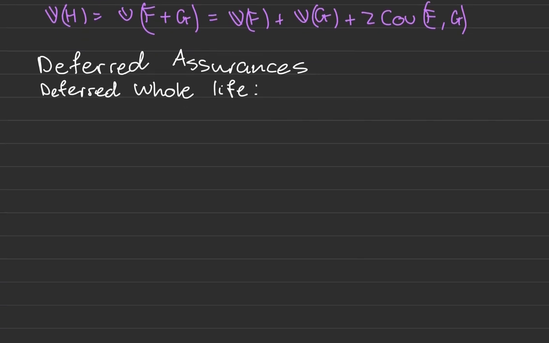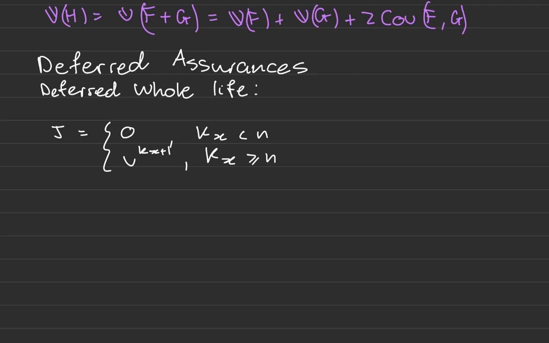Okay, so deferred assurances, let's talk about deferred whole life. And this is going to be, I'm going to use the random variable j, and it will be 0 when kx is less than n, or it will be v to the kx plus 1 when kx is greater than or equal to n.